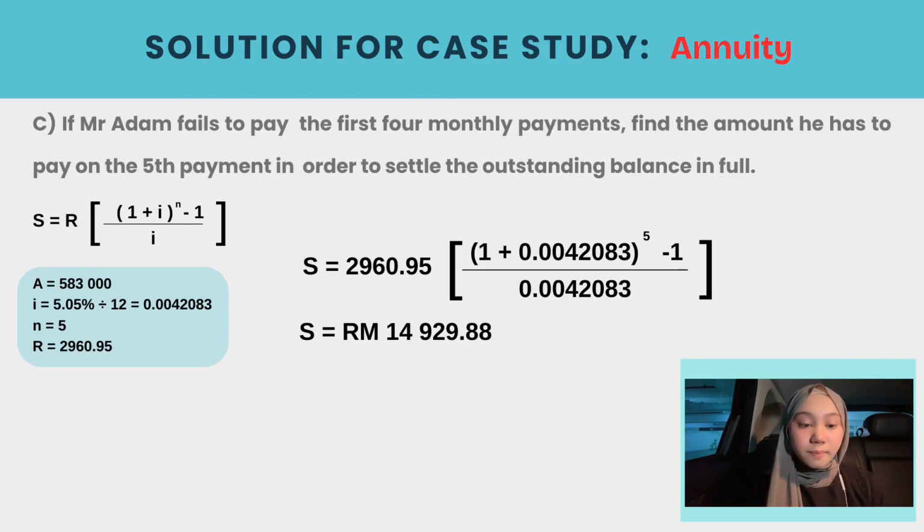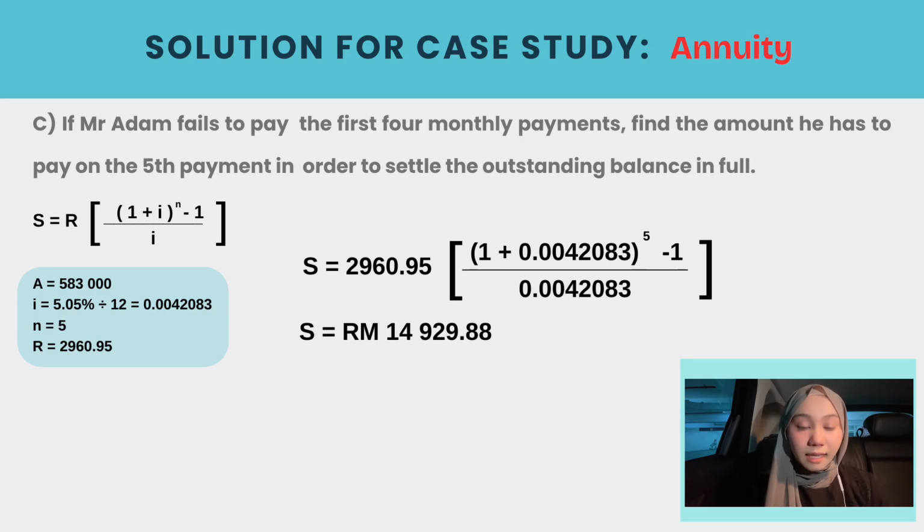If Mr. Adam missed the first 4 monthly payments, this is what he must pay on the 5th month to settle everything. We use the formula S equals R multiplied by open bracket, open parenthesis 1 plus I to the power of n minus 1 close parenthesis divided by I close bracket. R is 2,960 ringgit and 95 cents, I is 0.0042083, and n is 5.